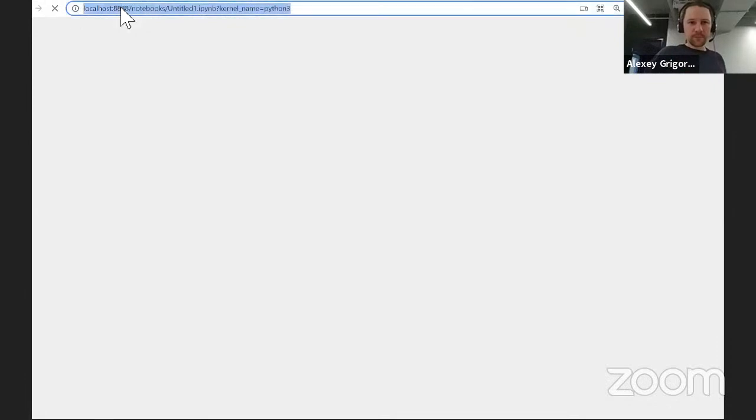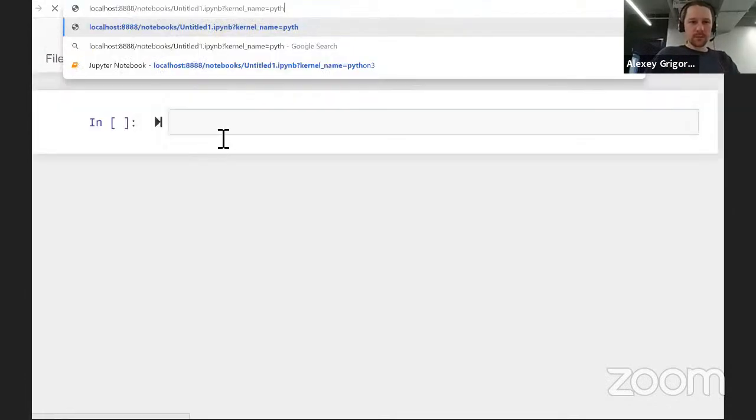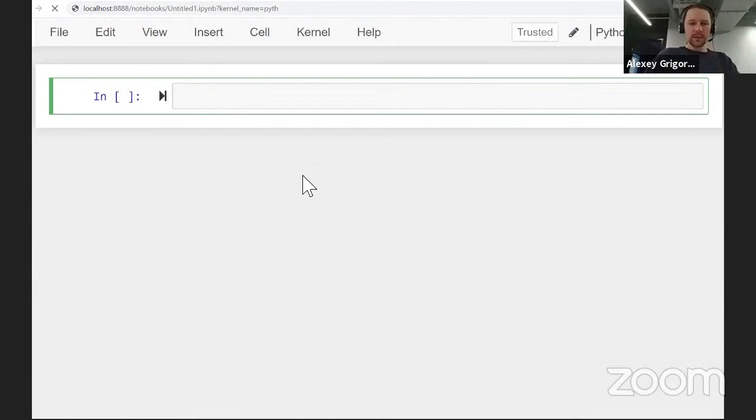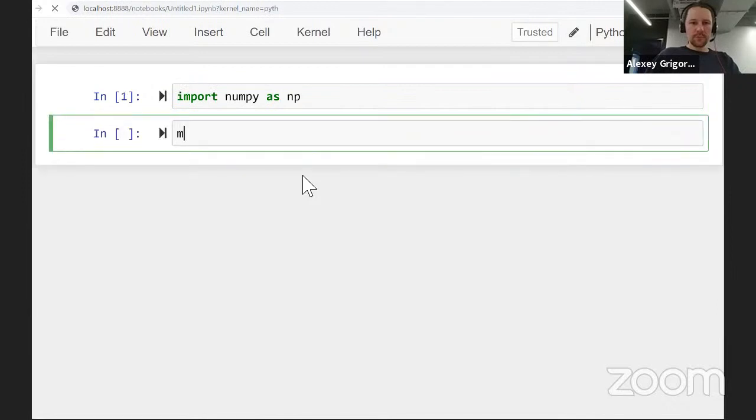Okay. I don't know why it's taking so long. No, here you go. So let's say I do import NumPy as np, and then let's say random.